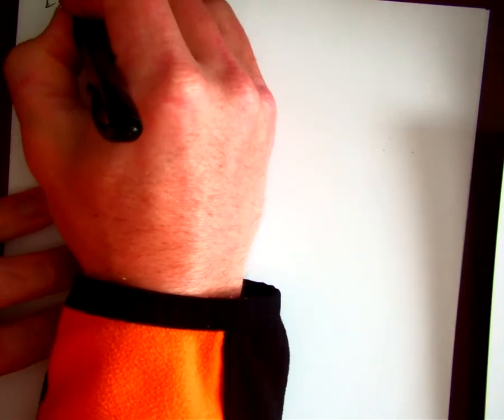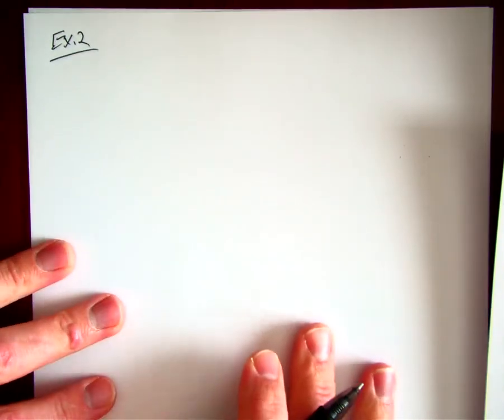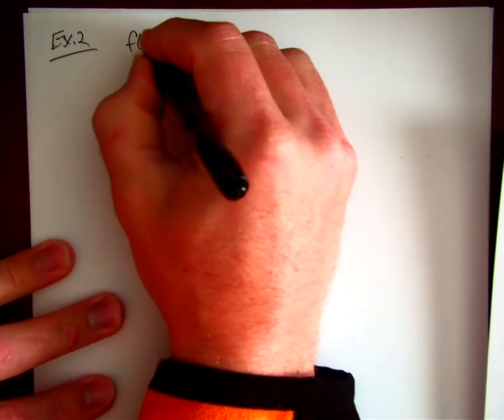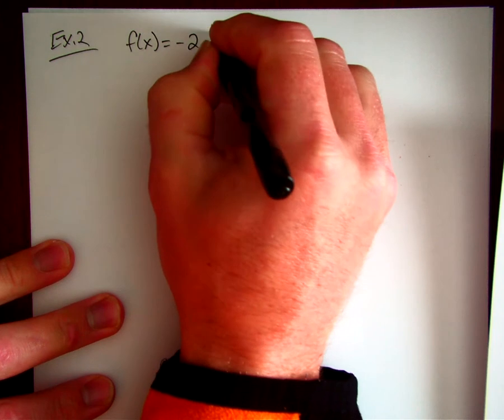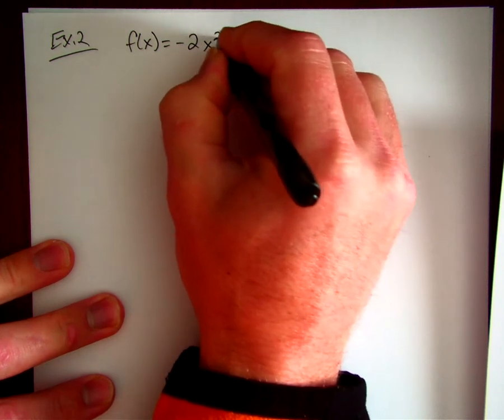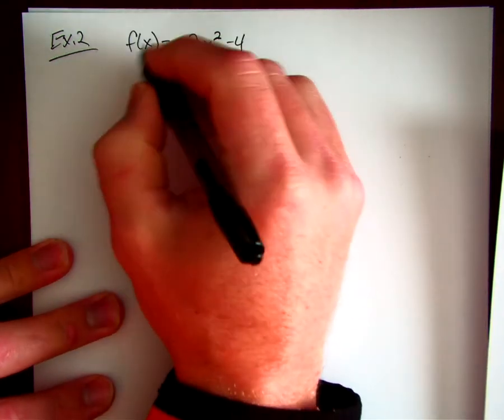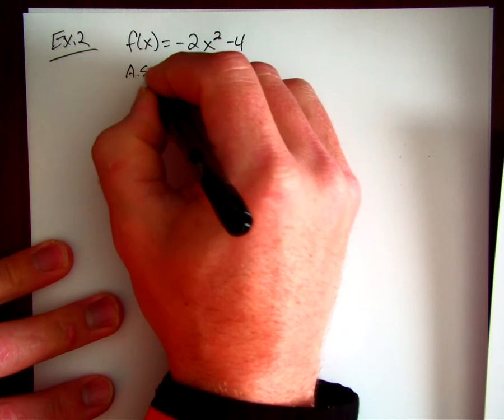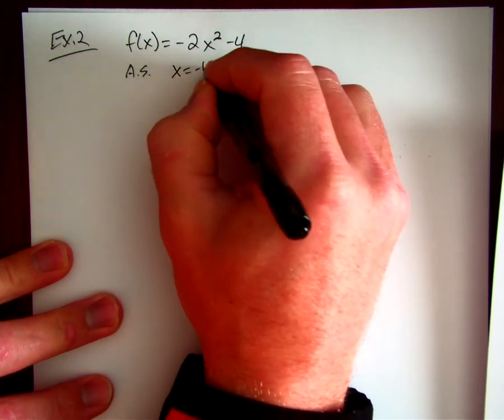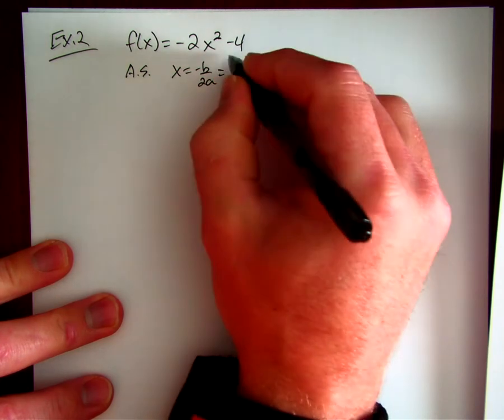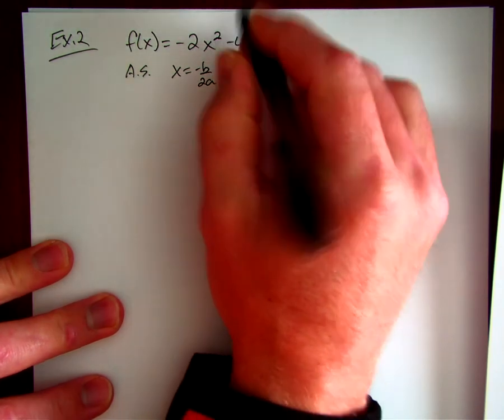Alright, so example number 2. Let's do f of x equals negative 2x squared minus 4. Let's graph it like we've been doing. Axis of symmetry is negative b over 2a. There's no b.